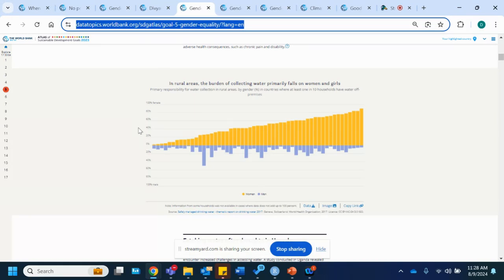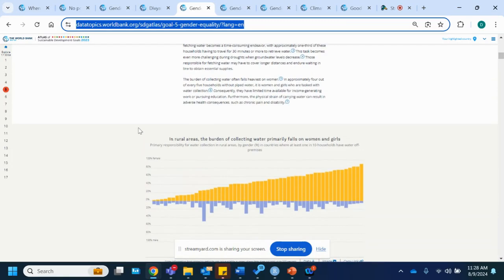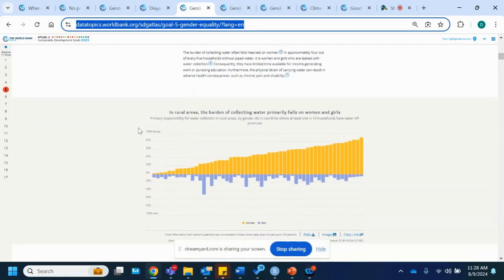One of the things included in that is the responsibility for water collection in rural areas. Now, as you may know, in a lot of areas there isn't enough water that reaches the taps, and so many times people have to fetch that water from far off distances. This is actually a pretty high number, the share of people who have to do this. I would encourage you to take a look at the story to learn a bit more about that.